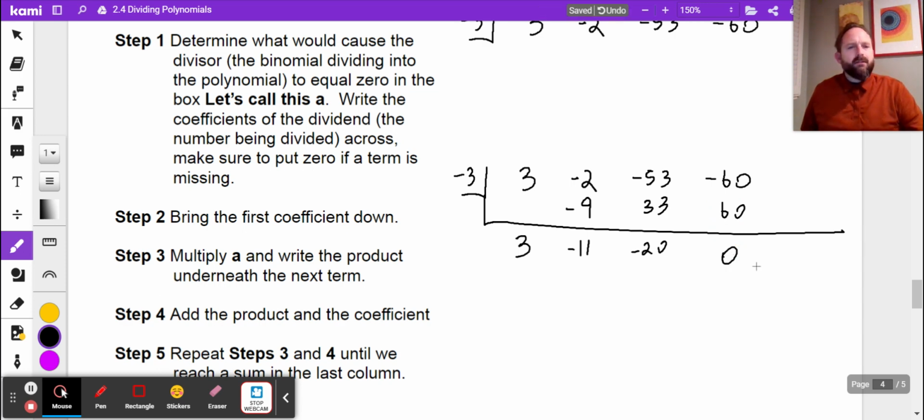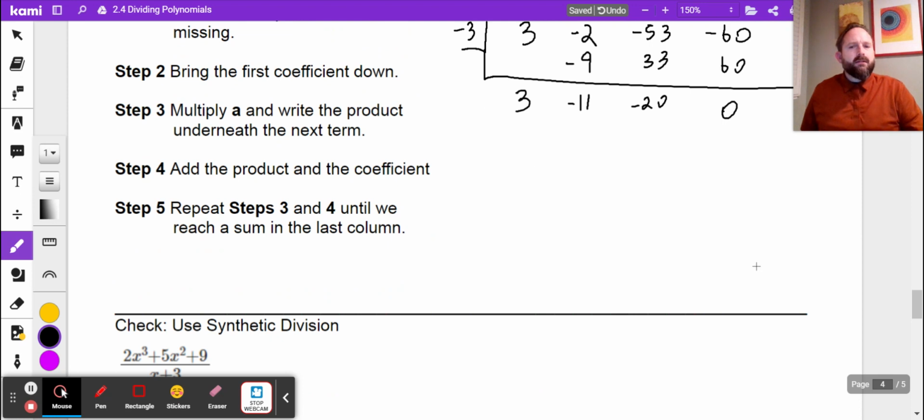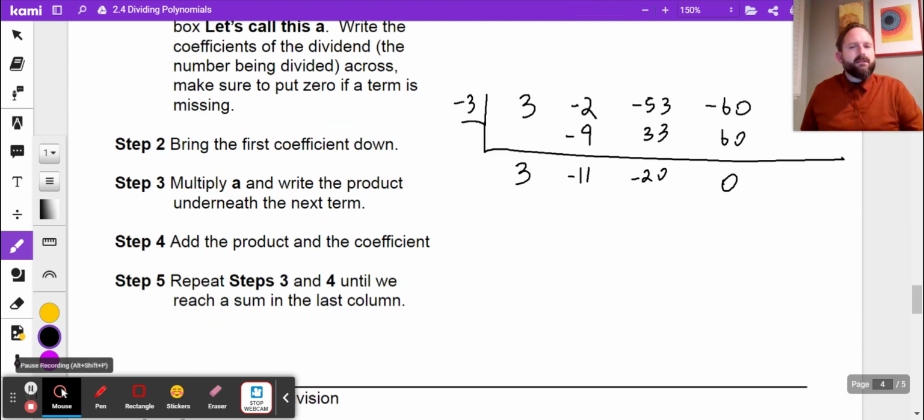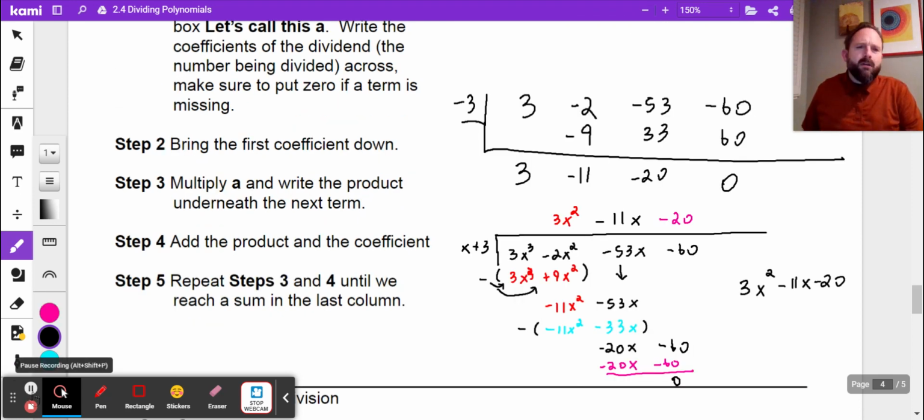Wait a second here. Let's check our answer. So going back, if we use long division on this, this is what we get. Look at what we got right here.